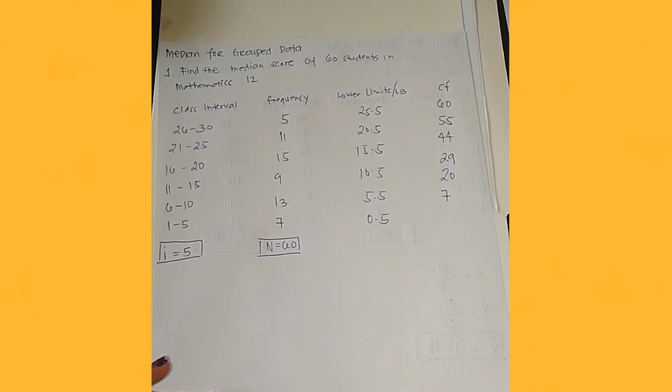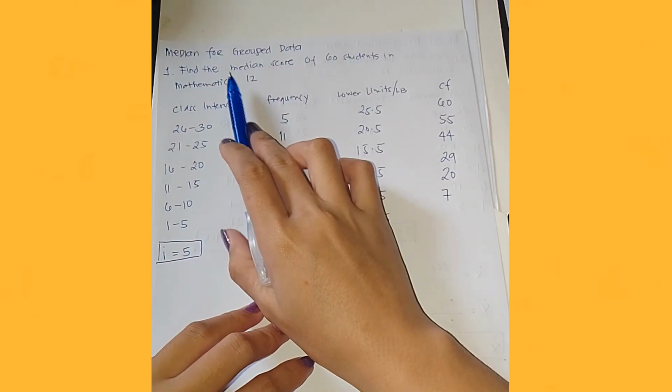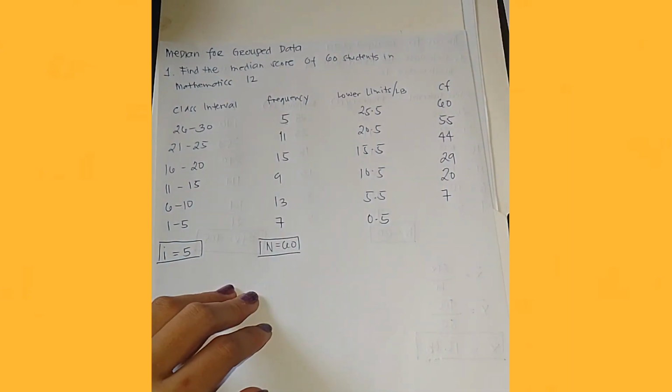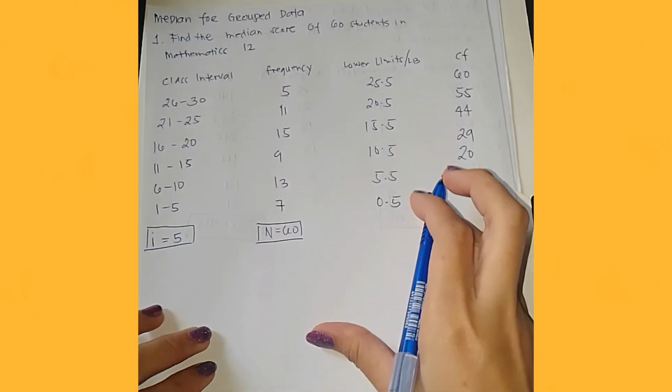Now, we proceed to calculating the median score. So, here is the formula.